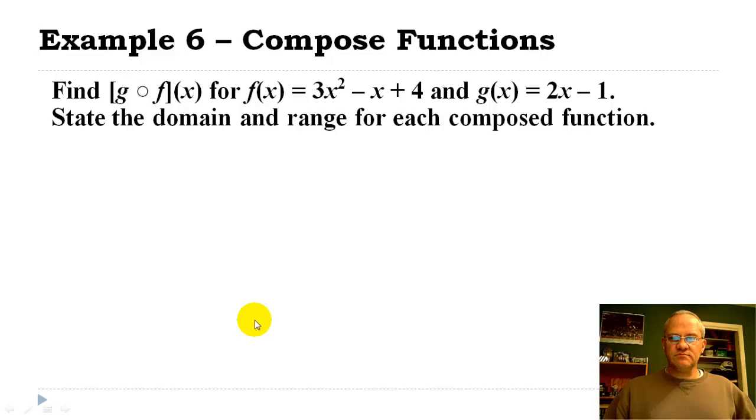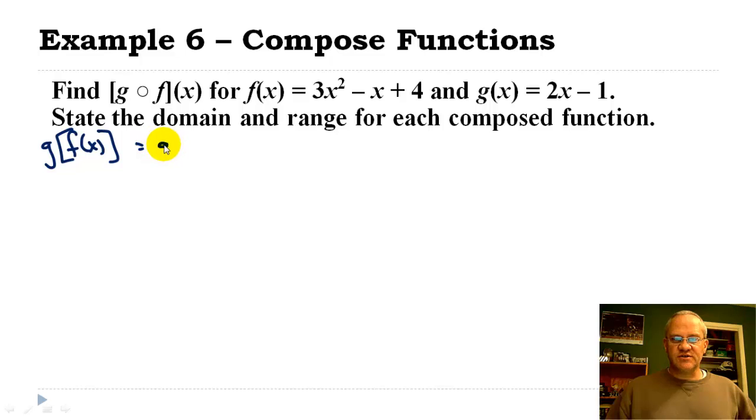Last one, same 2 functions, but this time it's g of f of x. So again, remember that's how that would be written. And that means you're going to take the f function and plug that in for each x in the g. So in this case, f of x is all of this right here.